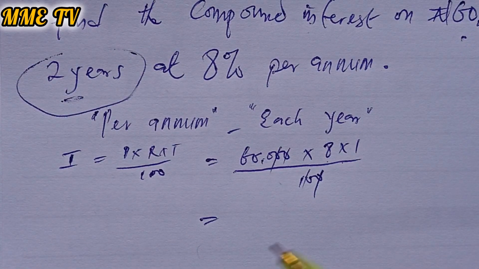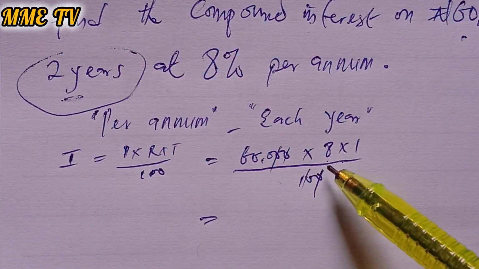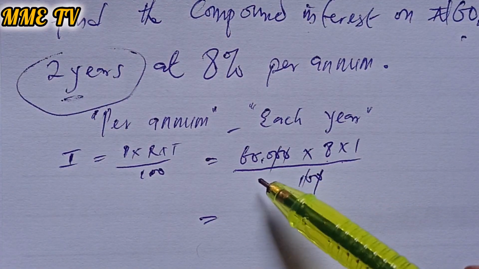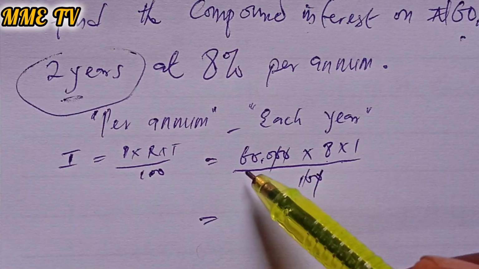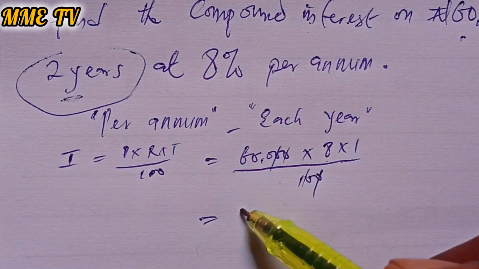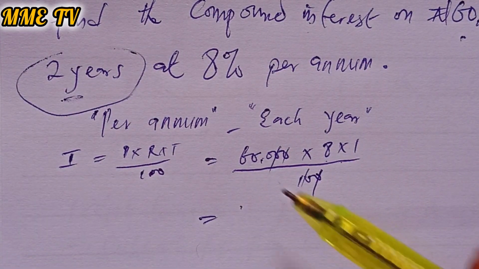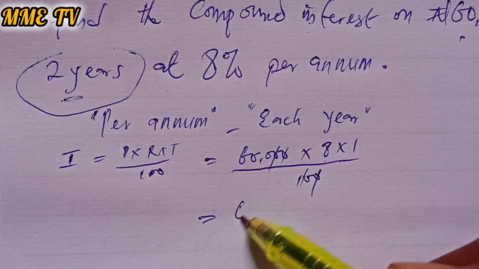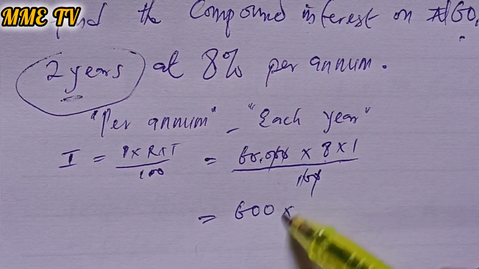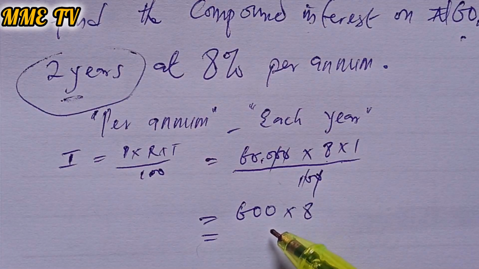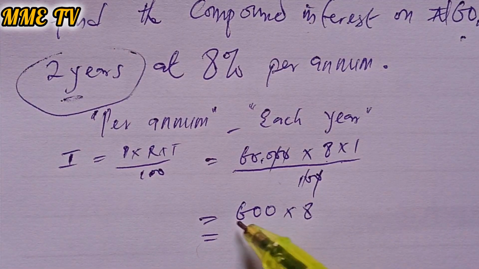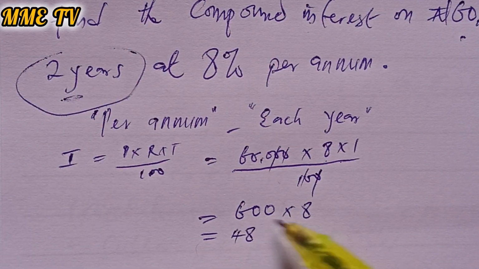Now, if I'm having 6 multiplying 8, it is going to be 48, right? So what this means is that I'm having 600 multiplying 8, and based on this context, 6 multiply 8 is going to give us 48, right?